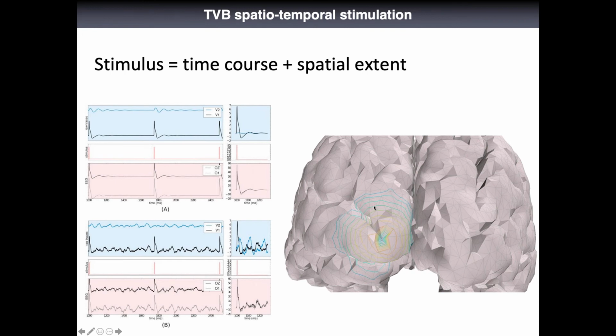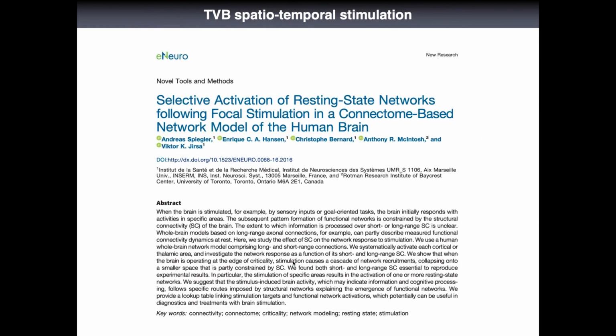And it also has a spatial structure. In other words, the user can define a spatial kernel. So he can say that I want a stimulus that will be applied at this point and then fade out as we go further away from it, and at the same time, a time course. I'm going to show you a study where it was applied in that way in TVB.